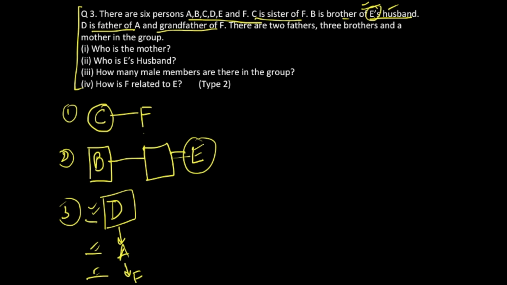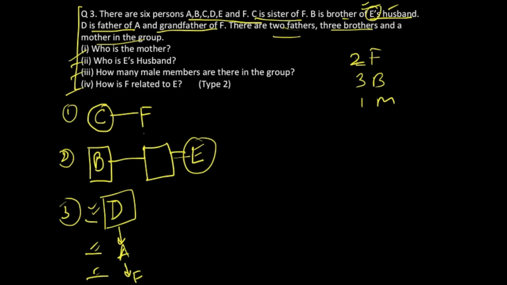Now the question is saying that there are 2 fathers, 3 brothers and a mother in the group. All right, so based on this information, there are 2 fathers and 3 brothers and 1 mother, right? So this is the information that we have, and based on it we are supposed to find the answers to these questions.